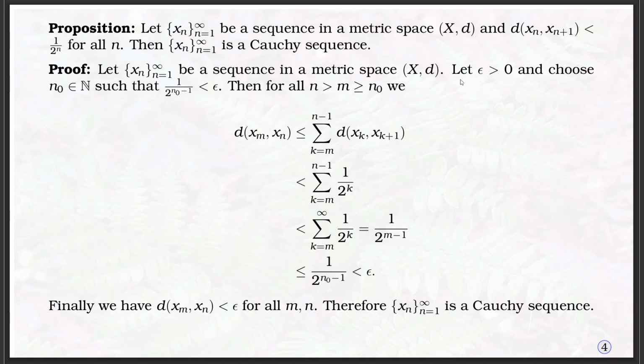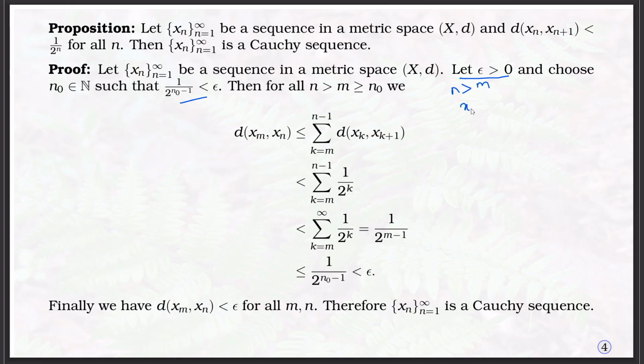and let us take epsilon greater than 0 and choose n_0 such that 1 over 2^(n_0 - 1) is less than epsilon. Then for all n greater than m, and m greater than or equal to n_0, one can get the distance between x_m and x_n. This we can write because n is greater than m.